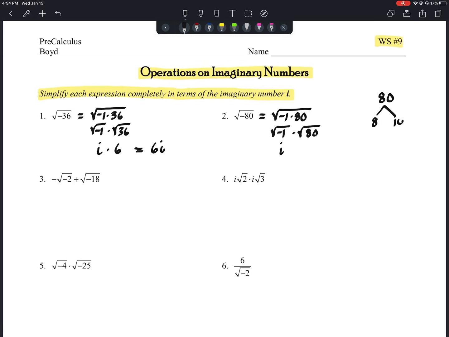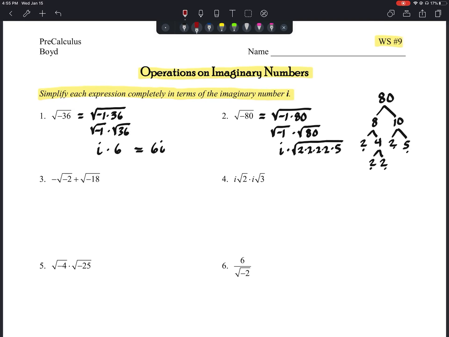This is like saying 8 times 10. 8 is the same as 2 times 4, and 4 is 2 times 2. Or 10 is the same thing as 2 times 5. So the factorization for 80 is 2 times 2 times 2 times 2, that's 4 twos, or 2 to the 4th, and then times 5.